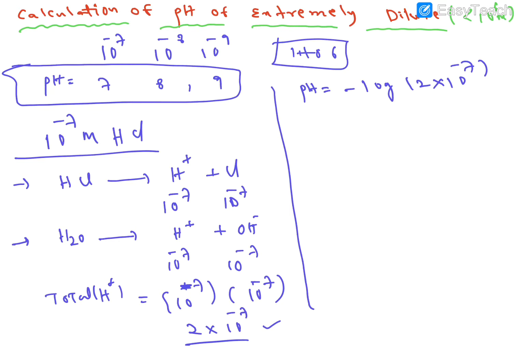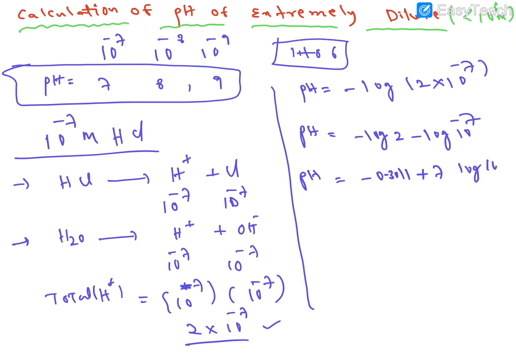So here we can calculate the pH, which is equal to the negative logarithm of 2 into 10 to the power of minus 7. The negative logarithm of this value is minus 0.301, plus, since the minus comes here, plus 7, as log 10 is 1, we know that.